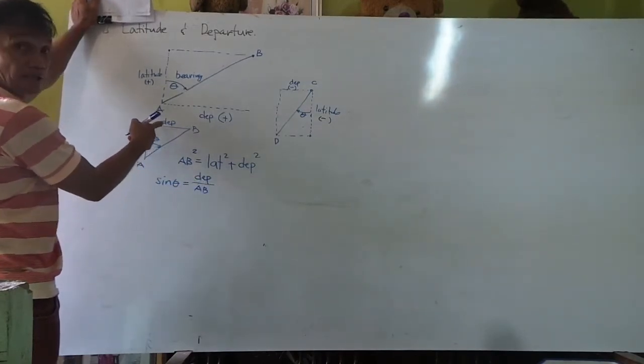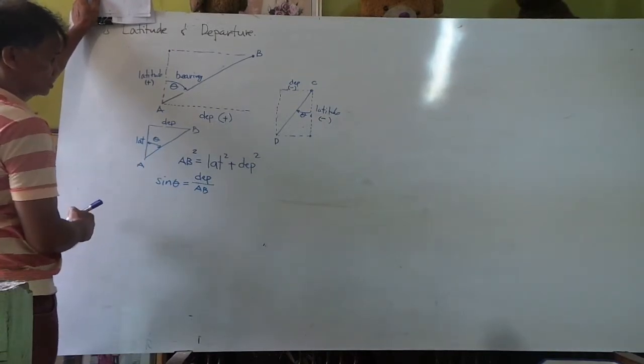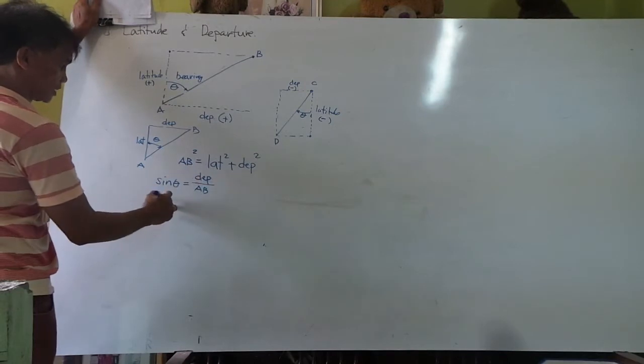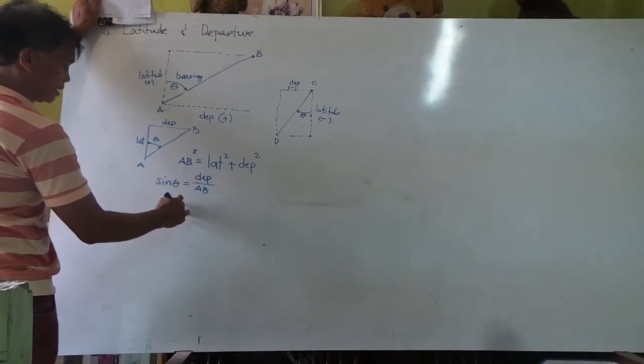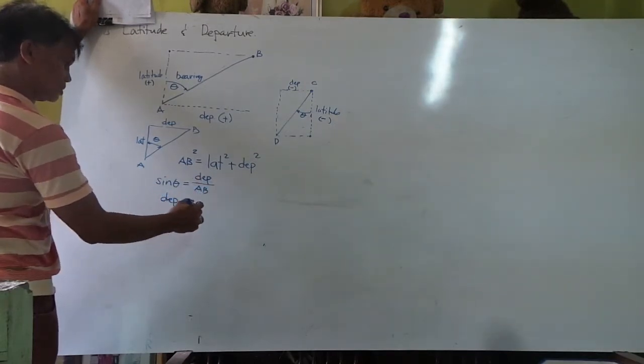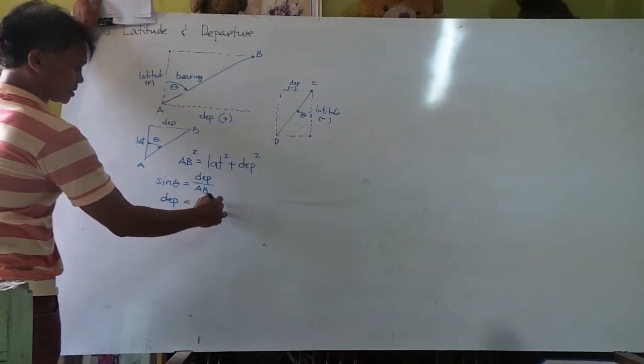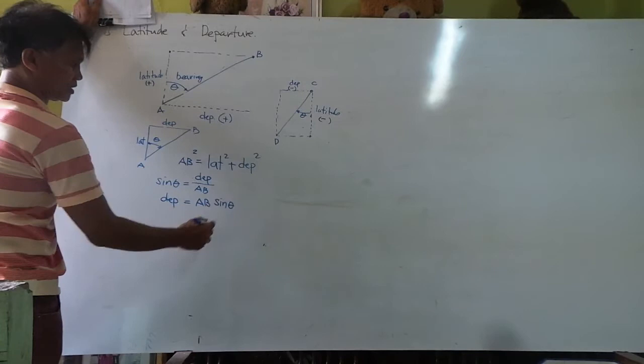So the departure of the line AB is equal to AB, the length of the line, times sine theta.